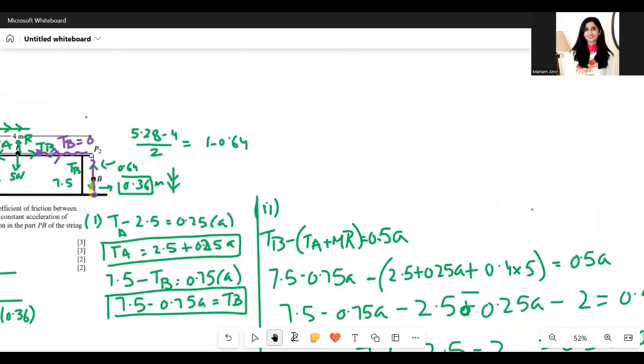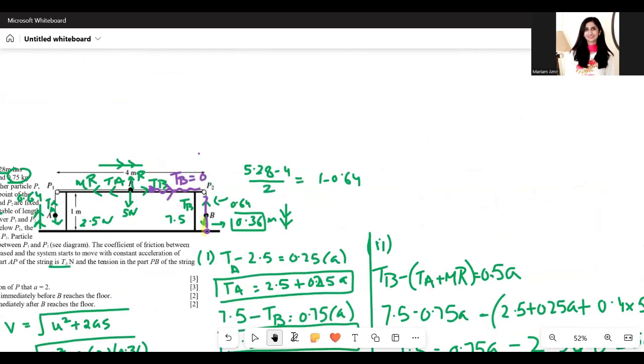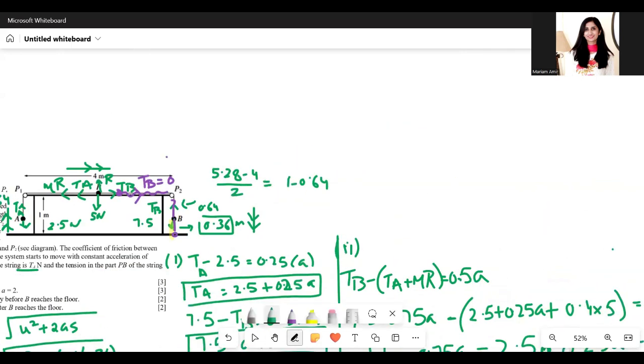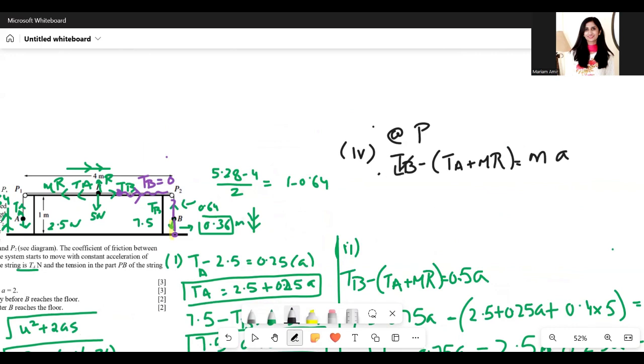Let's do that here. This is Part 4. So Newton's second law at P: forward force is TB, which is now 0, minus backward force, same TA plus mu R, equals Ma. This is 0 since the TB part of the string is slack.